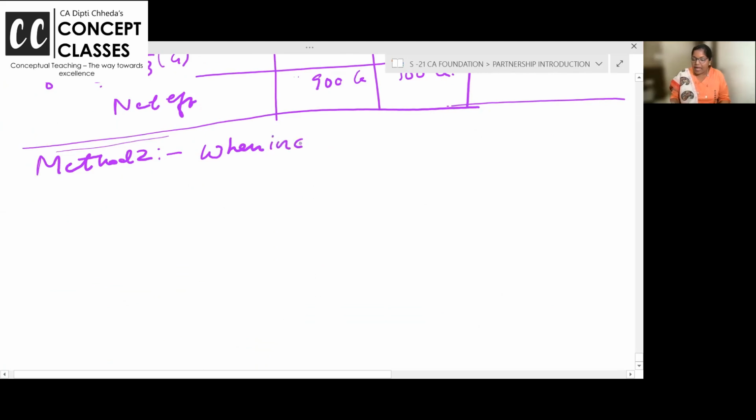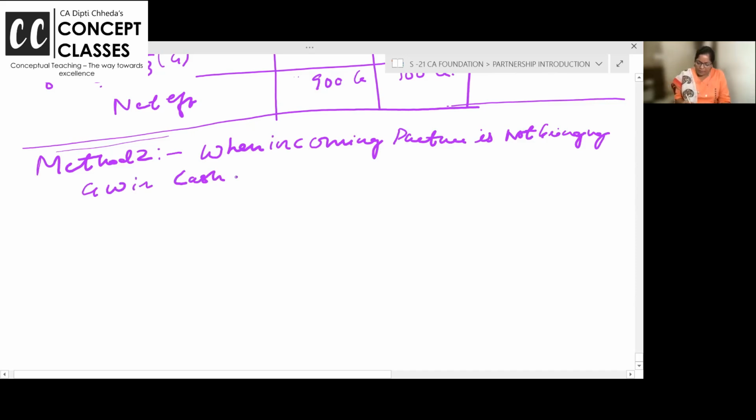When I taught you the case 1 and case 2 concept with a problem. Now we are practicing that. When incoming partner is not bringing goodwill in cash, write down. Premium for goodwill means his share of goodwill in cash. तब क्या करेंगे? Problem number 15.